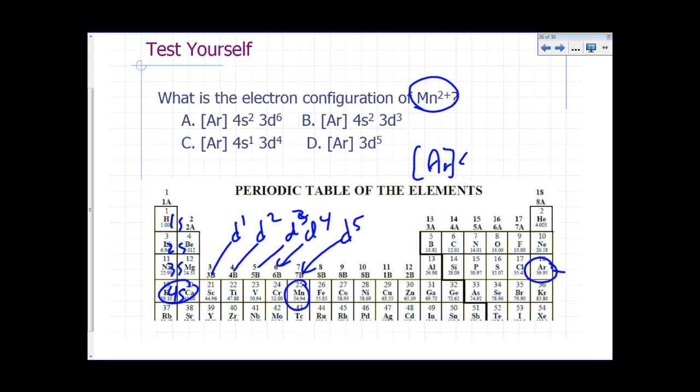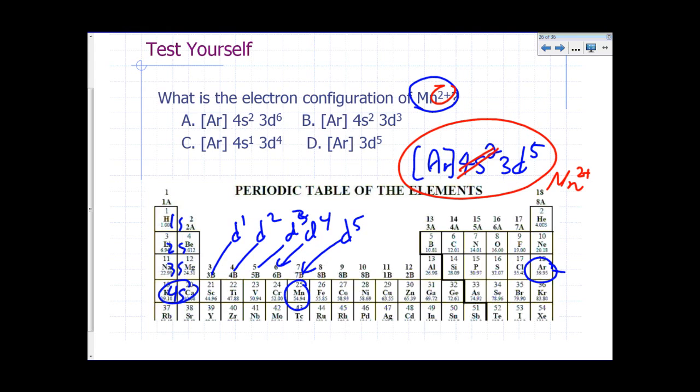So the next subshell will be 4s2. After that, it's going to be 3d5. Now this one right here is the manganese atom. The +2 means 2 electrons gone, and the first electrons to go whenever you're dealing with transition metals are the 2 electrons in the outermost s subshell. So this would be manganese with a +2: argon core, 3d5. So the correct answer for this one is D.